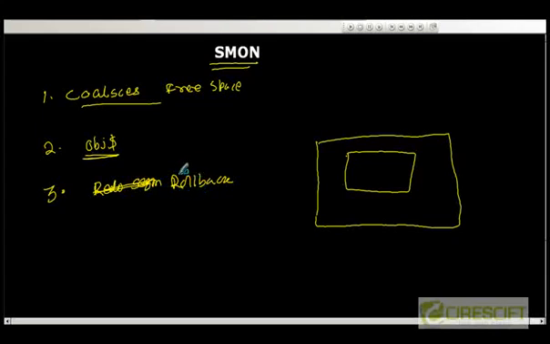So if we have deleted something and we do not need any information in the rollback segment, SMON is going to shrink the rollback segment. These are a couple of things that SMON provides. Maybe there are a lot more, and whenever you need them, you might need to go and read the book to understand what other things SMON can do.